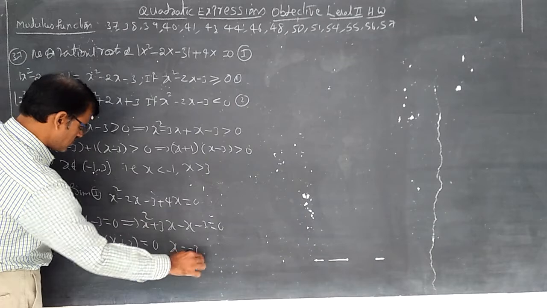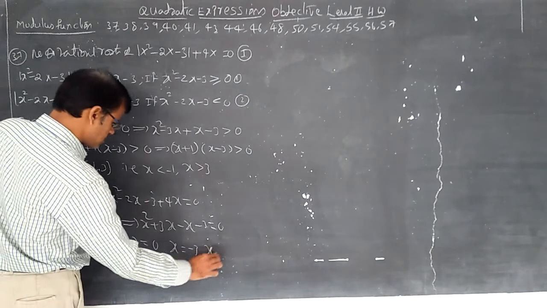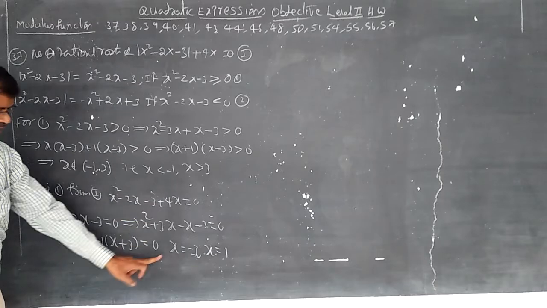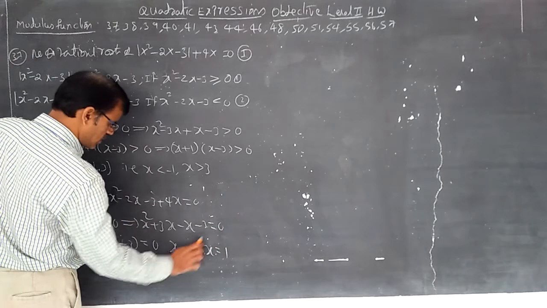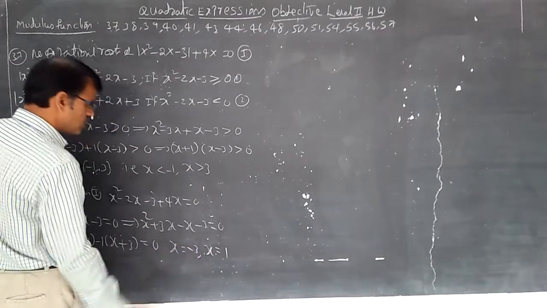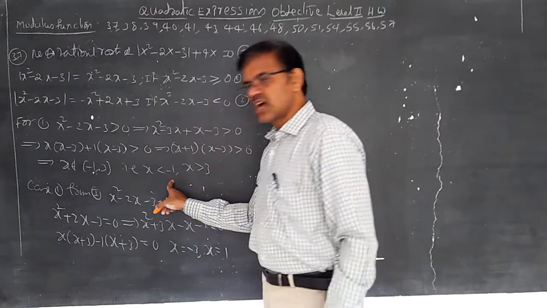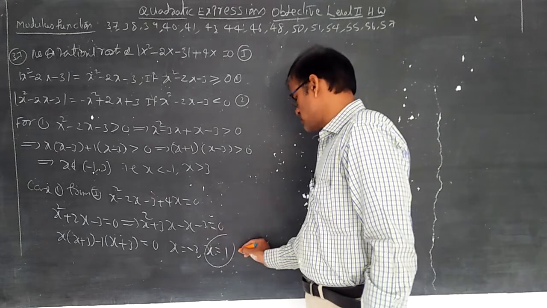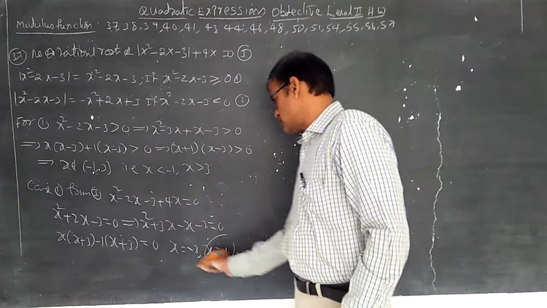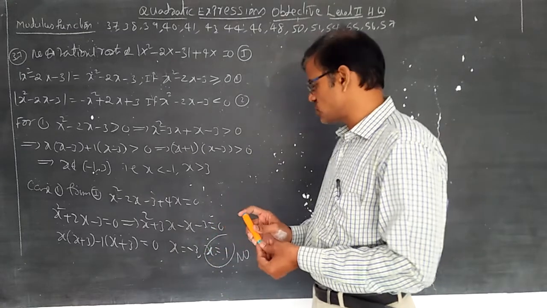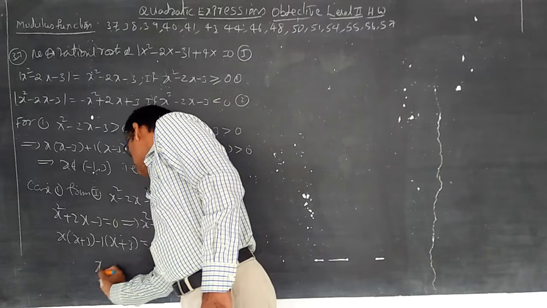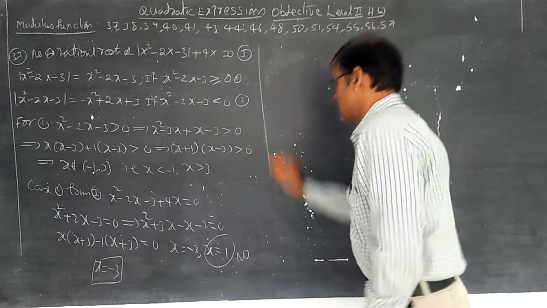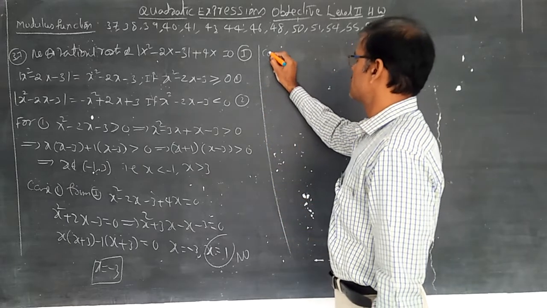So x is equal to minus 3 and x is equal to 1. Students, depending on the condition, we consider the roots of this quadratic equation number 1. We should consider x less than minus 1 and x greater than 3. x is equal to 1 is not less than minus 1 and not greater than 3, so don't take this value. According to x less than minus 1, x is equal to minus 3 is the correct answer. Keep it aside. Now write case 2.